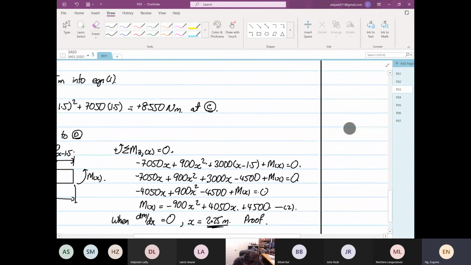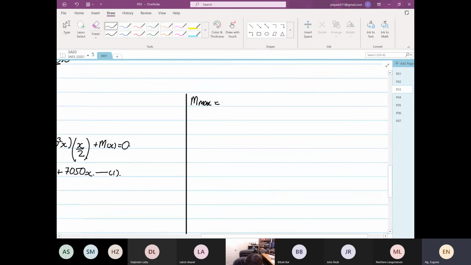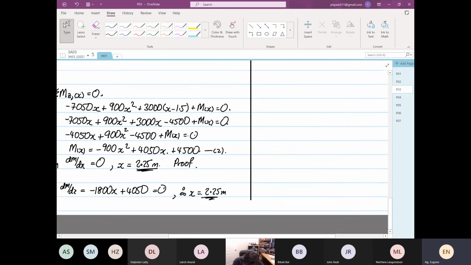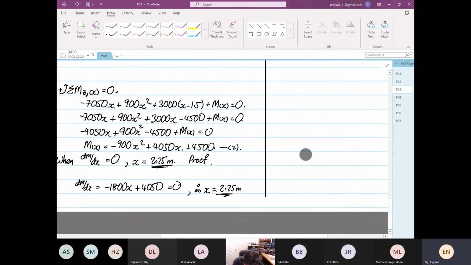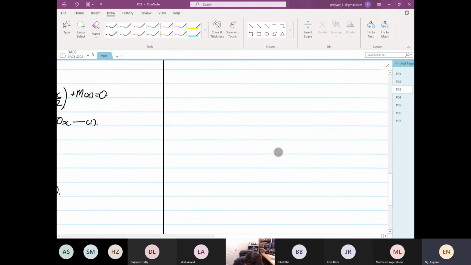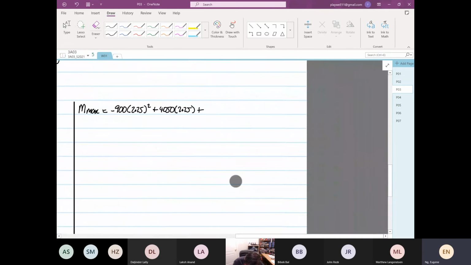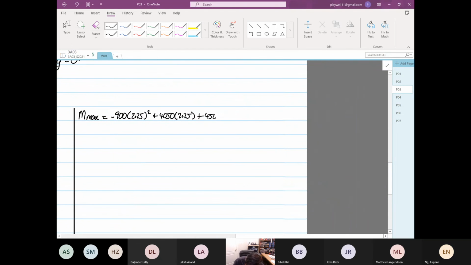So we take the whole equation, minus 900 multiplied by 2.25 squared plus 4050 multiplied by 2.25, then, hold on, plus 4500. Okay, 4500.